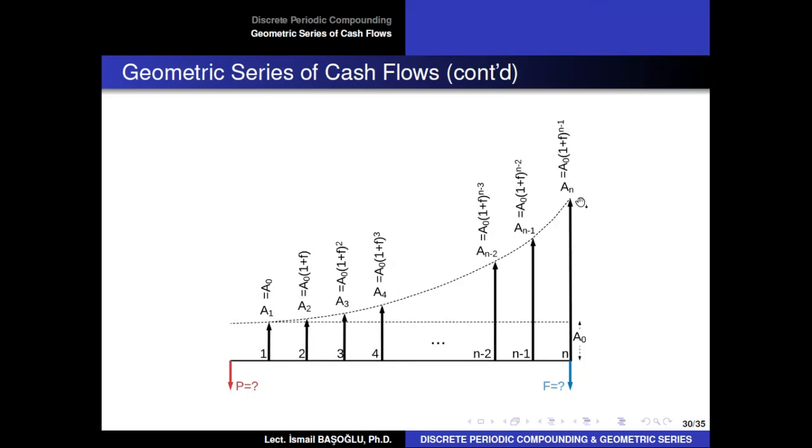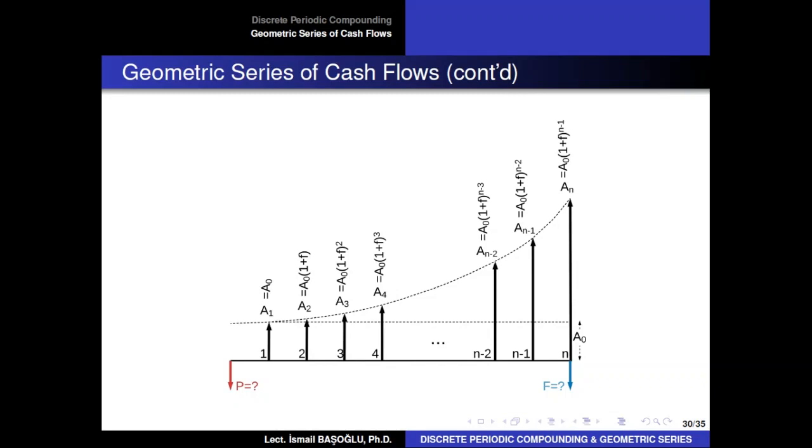Actually, this is a practical situation. For example, if you make a retirement plan, people are not trying to get a constant amount of payments in their retirement. Every year, the total salary is going to increase at a rate, because you are going to be subject to inflation every year.